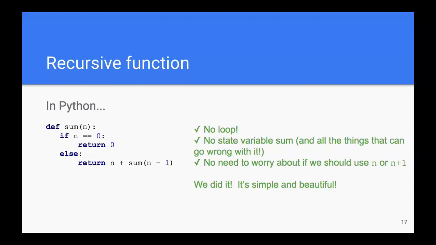So we don't have any variable, which is great. Without a variable, we also eliminated all the things that can go wrong with the variable. And then finally, we didn't have to worry about using range, and is it range n or is it range n plus 1? So isn't that nice? It is a rather simple, beautiful and elegant solution to the sum function.